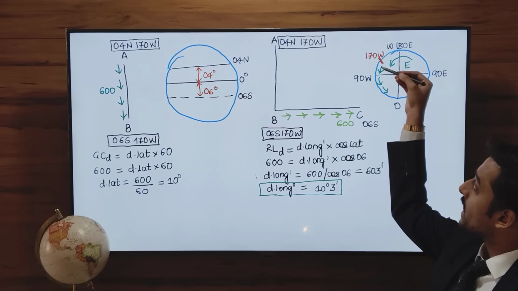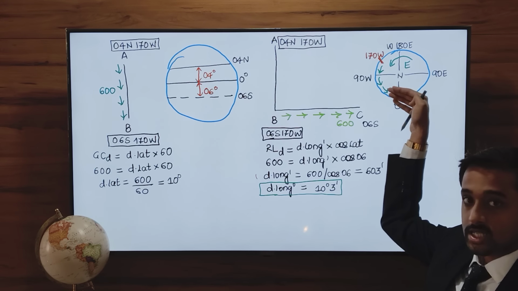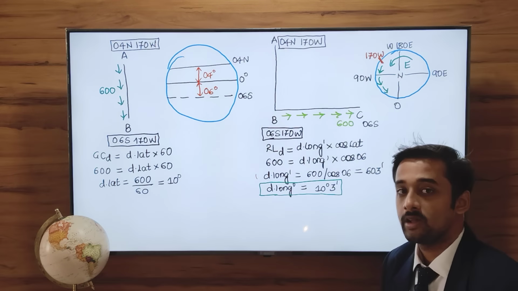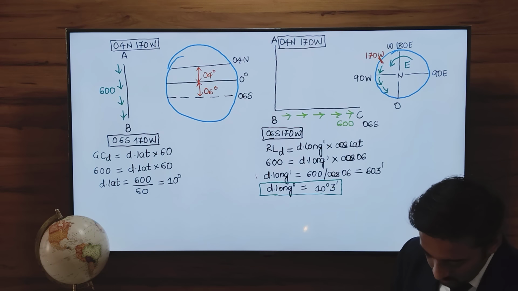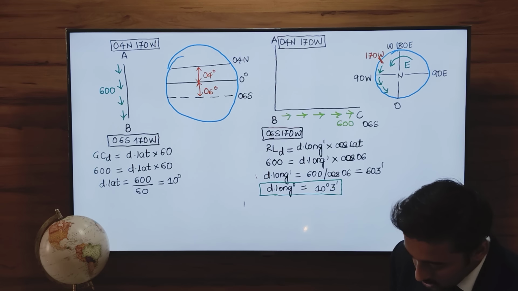So if you are going left hand direction, anti-clockwise direction, your longitude value will go on decreasing. So 170 west, the new longitude of C will be equal to 170 west, which is the initial longitude, minus 10 degree 3 minutes.